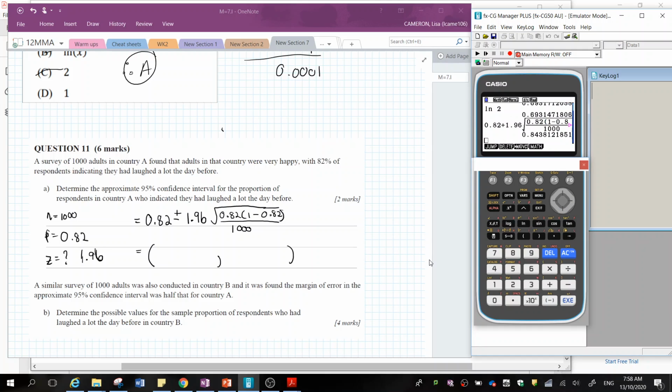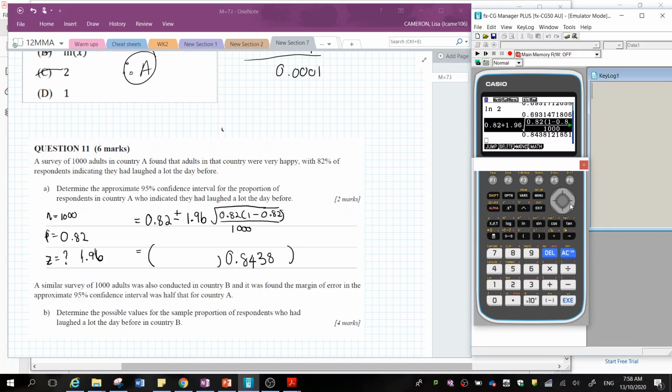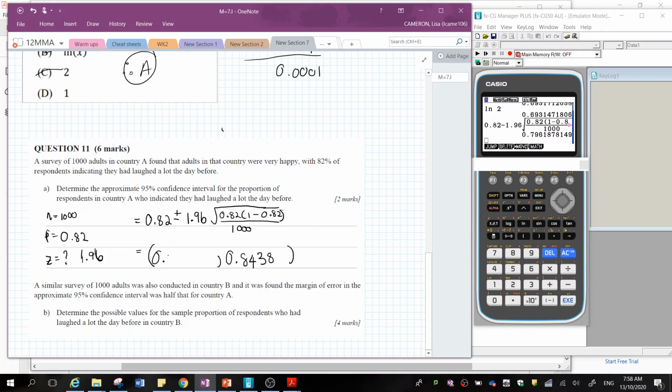Execute. Okay, so our first one that we get there is going to be the upper, so 0.8438. Confidence intervals, we normally go to 4 decimal places. For statistics, well, most of our statistics, it is 4 decimal places. Then I'm just going to go back and change that one to a minus. Okay, and our other one is going to be 0.796.